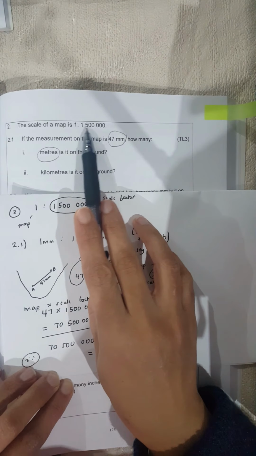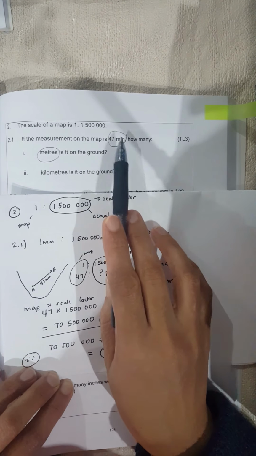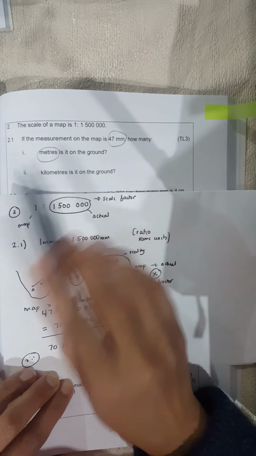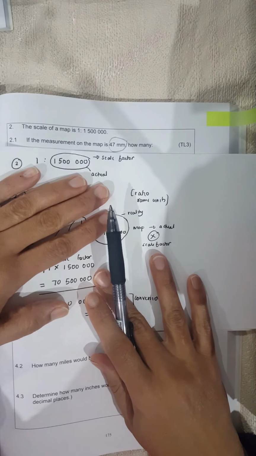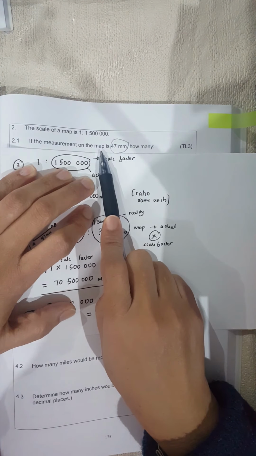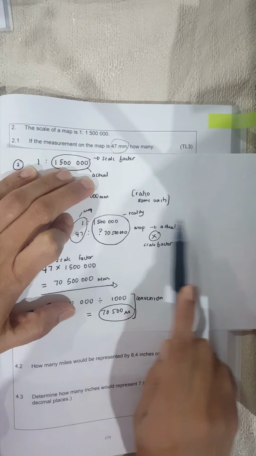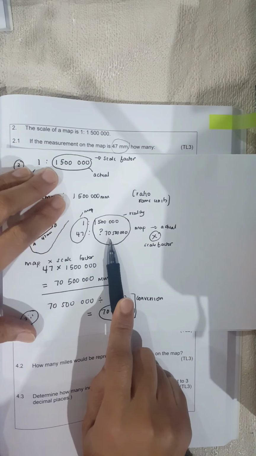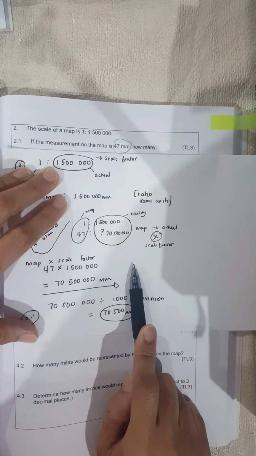It's not written there, but that's how you find it. You find the unit in the question. First of all, we ignored this part of the question. They gave you the map measurement, and we're going from map to actual, so we multiply by that 1.5 million. We got our answer. That was the first part of my answer.